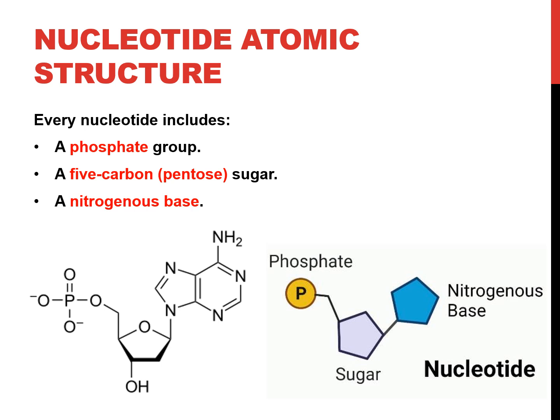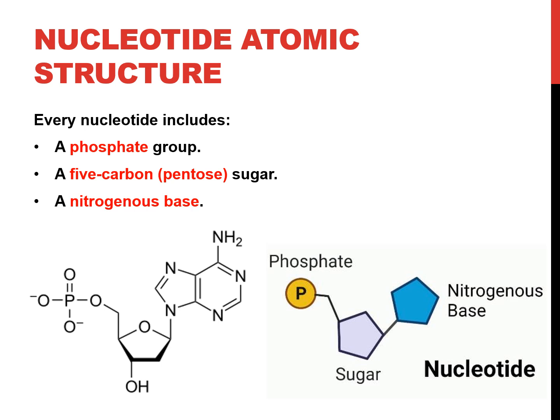A 5-carbon pentose sugar. So pentagon, 5 points. Ose means sugar. Glucose is a type of sugar. Galactose is a type of sugar. Lactose is a type of sugar that I can't digest very well. Anything ending with ose is a type of sugar or a type of carbohydrate.